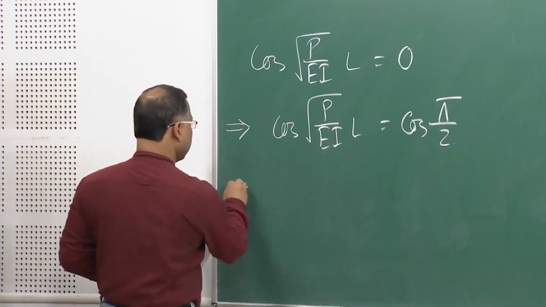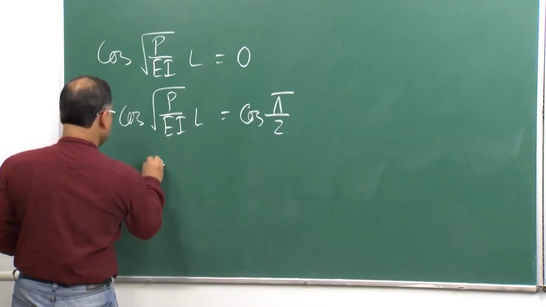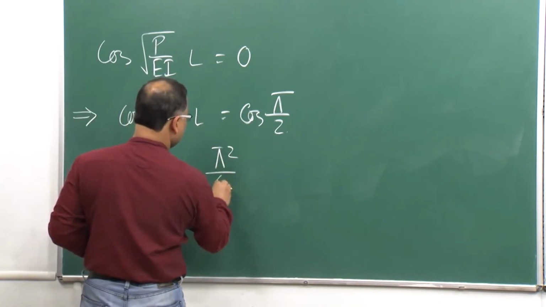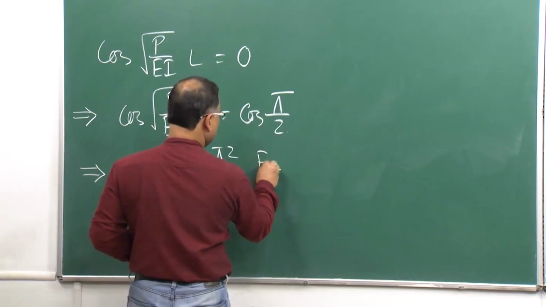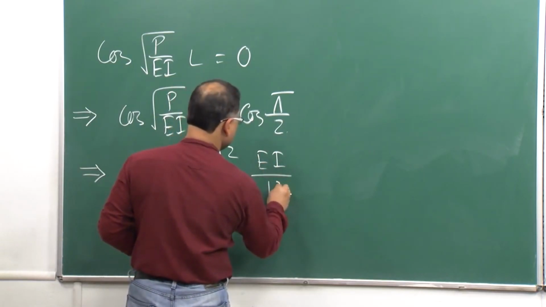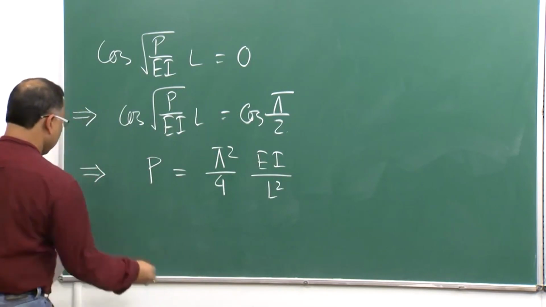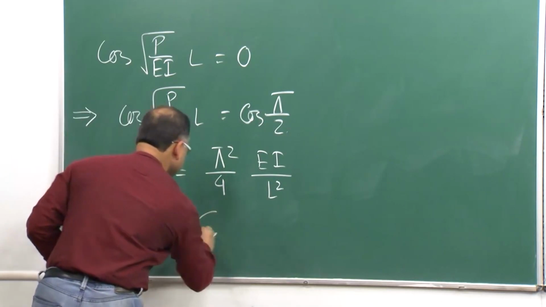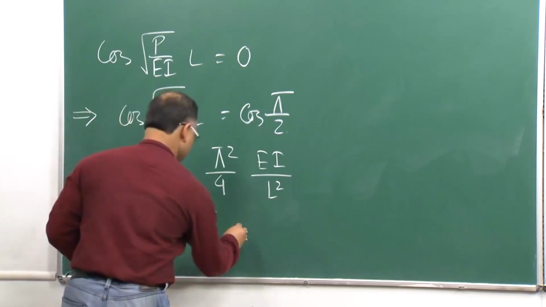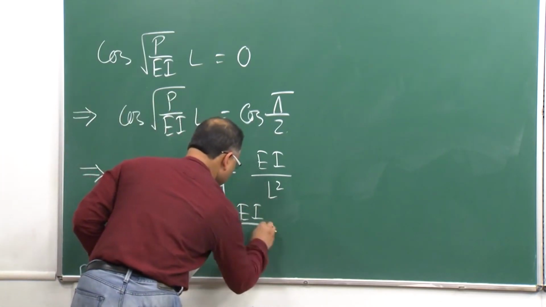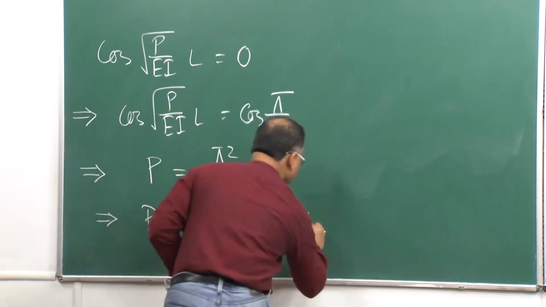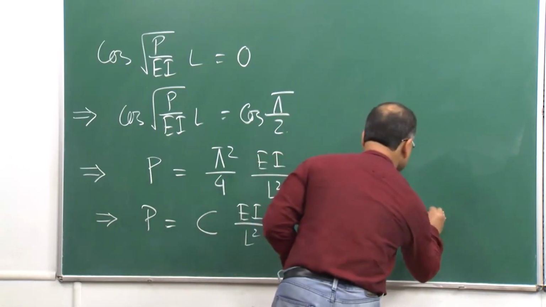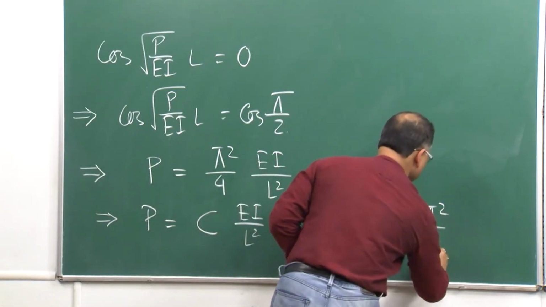From this I can get P equal to pi square by 4 EI by L square, which can be expressed as P equal to C into EI by L square, where the coefficient C is nothing but pi square by 4.